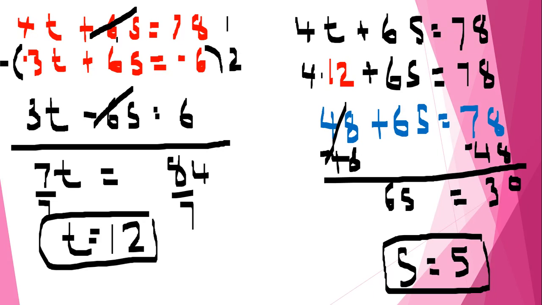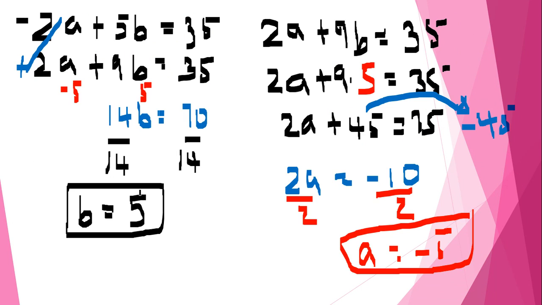But I prefer the positive equation, so that I don't get confused with negative numbers. t equals 12 and s is 5. 4 times 12 is 48 plus the 30 from 6 times 5. So I've got 48 plus 30, which will give me 78. The equation balances perfectly, so I know that my two answers are correct.